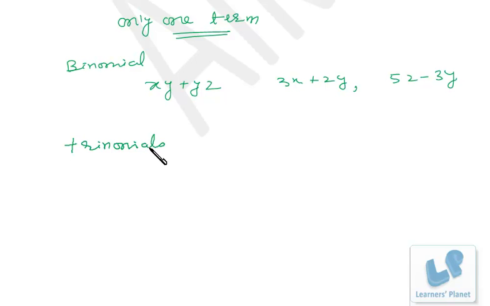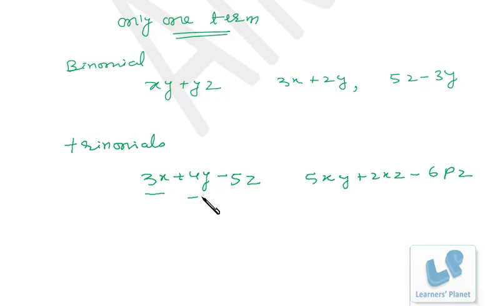When there are 3 terms in the expression, then we call them trinomials. Suppose 3x plus 4y minus 5z or 5xy plus 2xz minus 6pz. There are 3 terms in this expression, so it is trinomial. There are 3 terms in this expression, so it is also a trinomial.